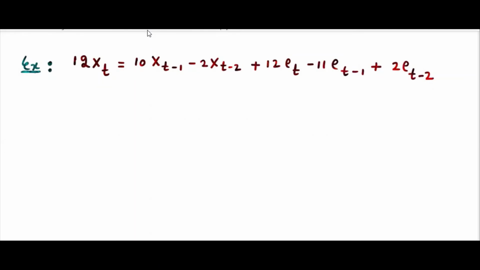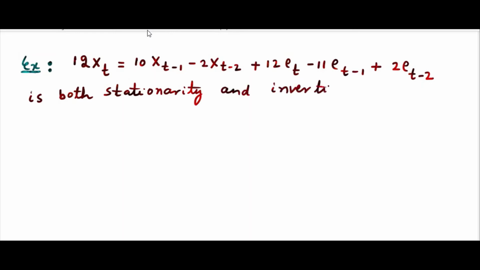We have never seen coefficients like this. This is the question. You have to check whether this process is both stationary and invertible. Check whether this process is both stationary and invertible or not. So you are checking for invertibility and stationarity of this process.